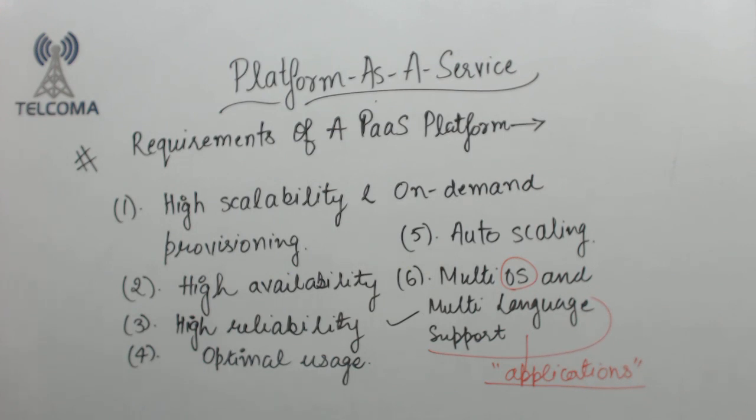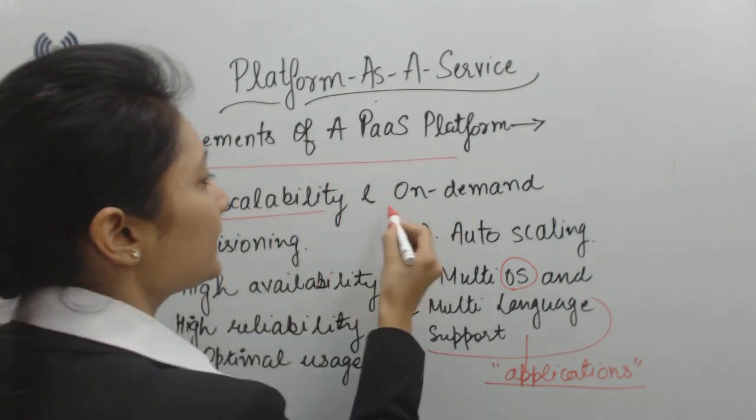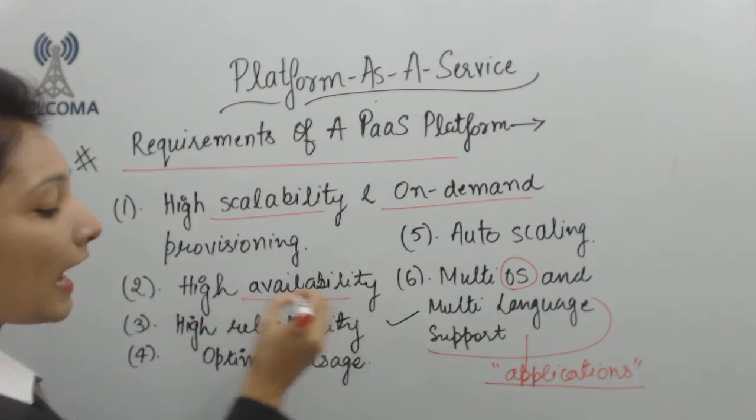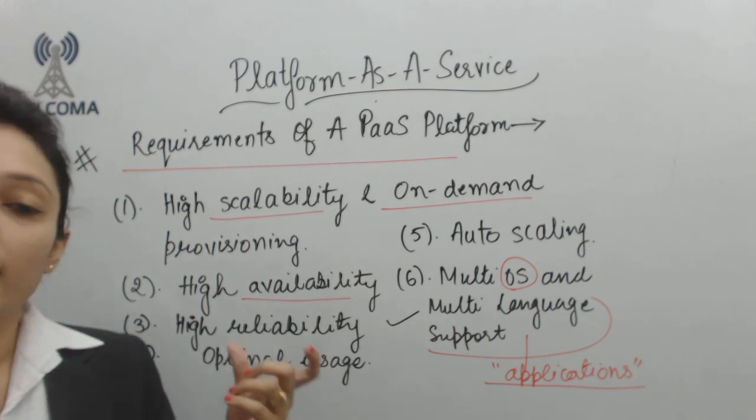So these are the certain requirements of your platform as a service model, like your scalability and the provisioning of on-demand services. Then we have the high availability factor, that means by deploying your PaaS platform, application availability should be guaranteed.